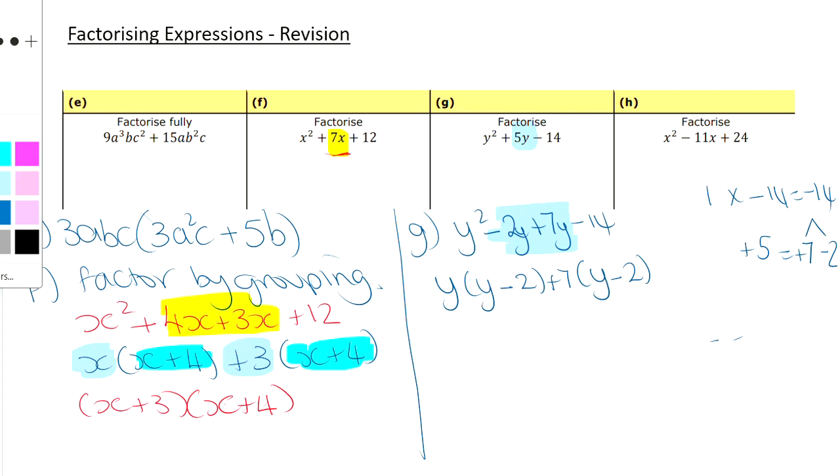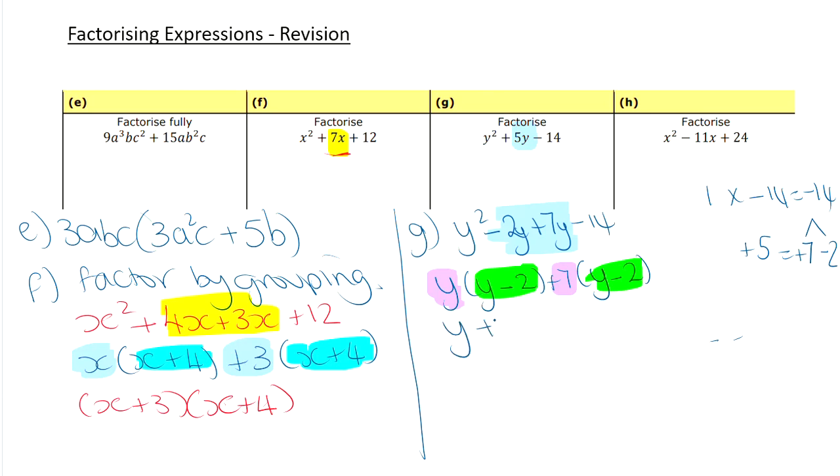So putting the middle terms together, these terms as 1, and these terms as 1, I'll have y plus 7 and y minus 2. And if we were to multiply back to check, y times y is y squared, 7y minus 2y is 5y, and 7 times minus 2 is negative 14.